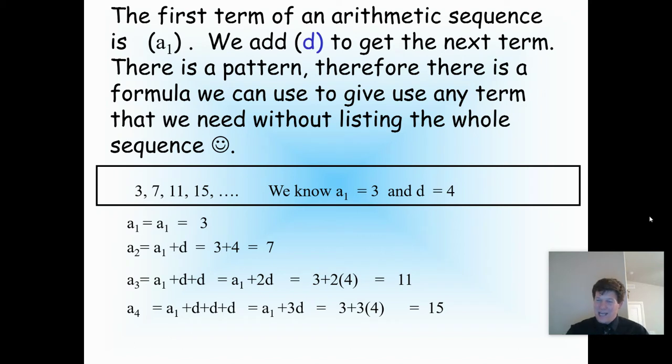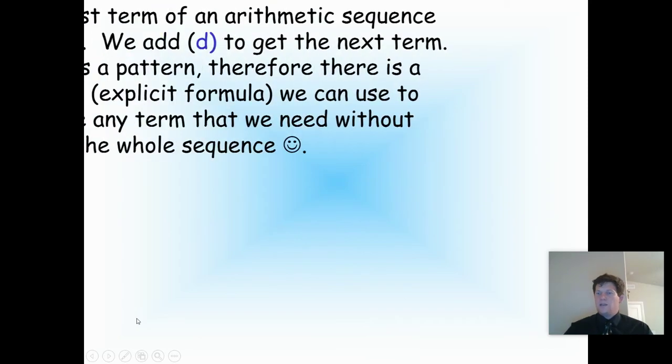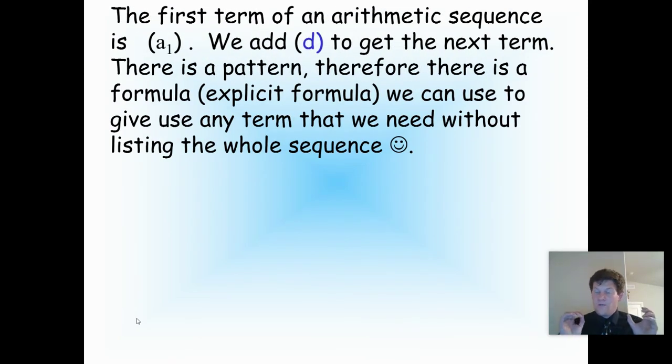It changes by adding an extra 4 every single time. Because of that, notice it's 0 times 4, a 1 times 4, a 2 times 4, a 3 times 4. That's 1 less 4 than the position we're at. That's a huge hint when it comes to where this formula came from.